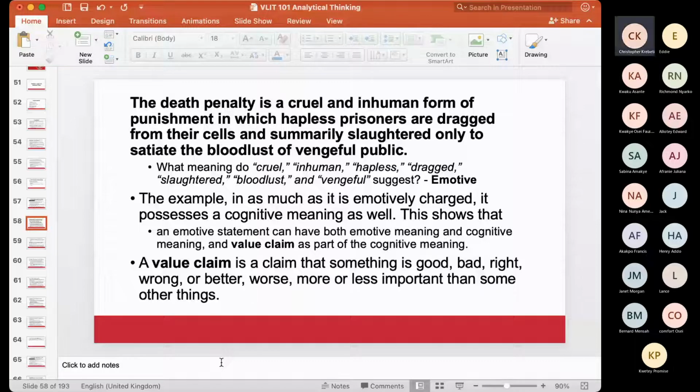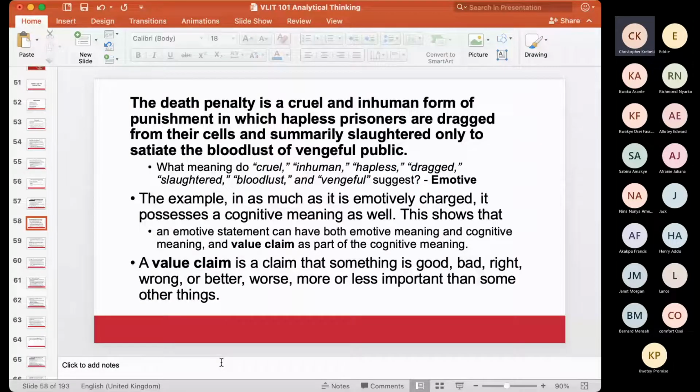Dragged, you have the sense of somebody dragging somebody on the floor. You understand? Negative pictures. Slaughtered. If you have not seen a human being slaughtered, at least you can see it in the form of, excuse my language, because sometimes this language is very strong, the slaughtering of an animal. And this is talking about a human. Bloodlust.